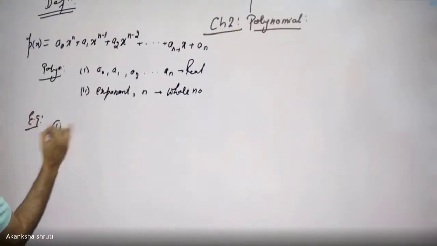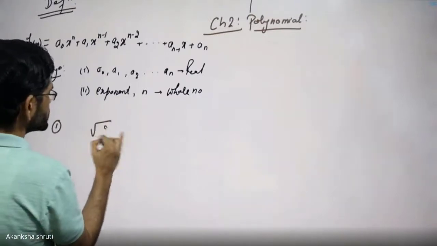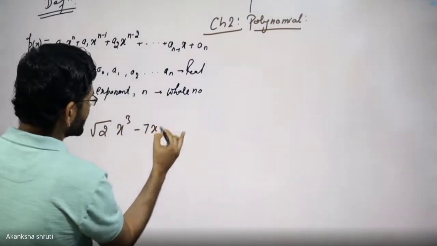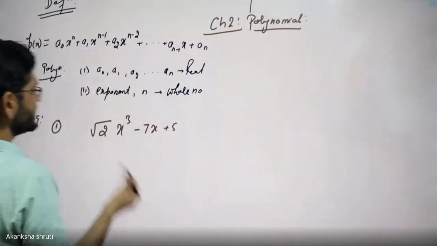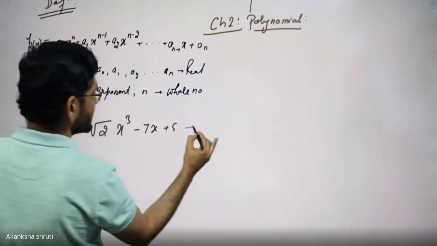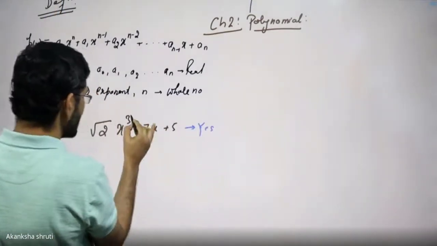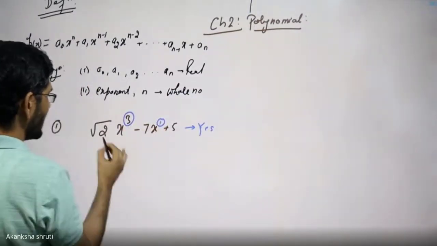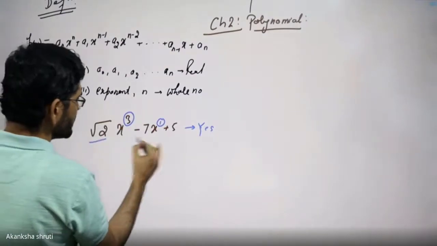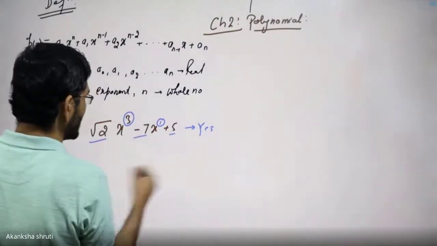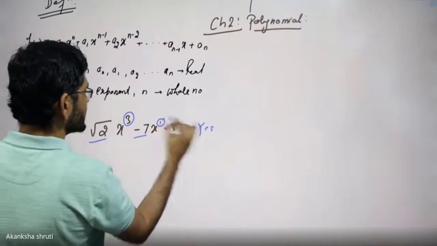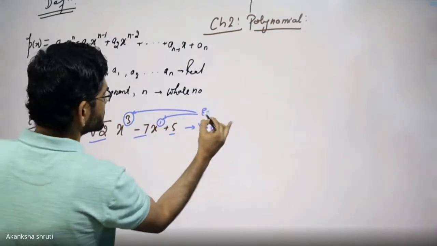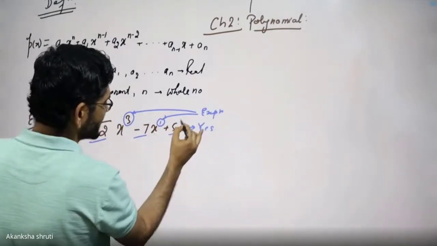If we consider, say, under root of 2 x cube minus root 7 x plus 5, yes, it is a polynomial. Why? We have to watch two things. What are their exponents? Here the exponent is 1, here it is 3, and 5 is 5x to the power 0.